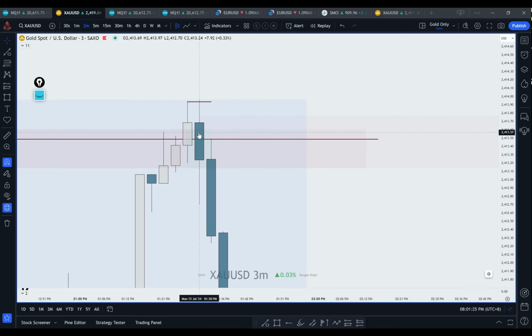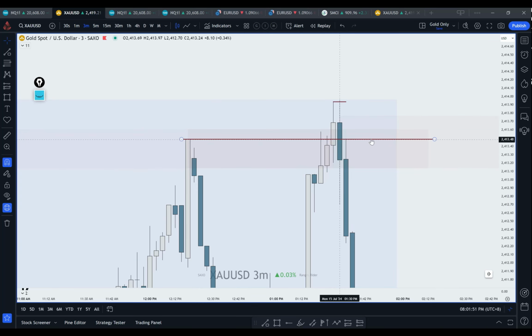It can close here and maybe the next candle closes here. It's okay. It doesn't mean that only this candle must close back. But this is the first candle which closed above the level, and then you need to wait. The next candle takes the high and then closes below this.